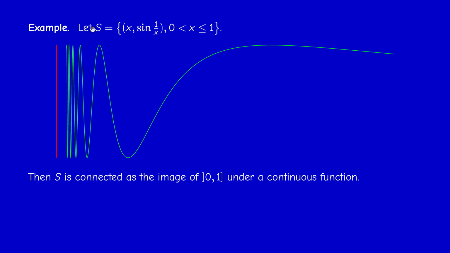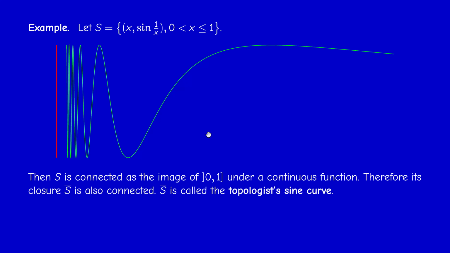Now, S itself is connected because it's the direct image of the interval (0, 1] under the map which has two components, x and sine 1 over x. So S is connected. Therefore, its closure, S bar, is connected as well. Now, S bar is what we call the topologist's sine curve. So what is S bar here?